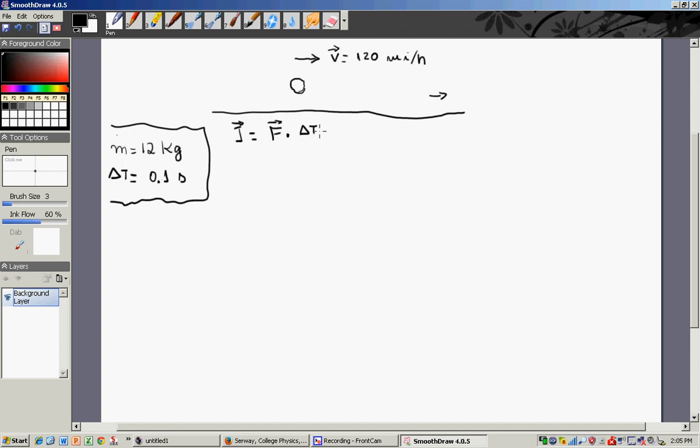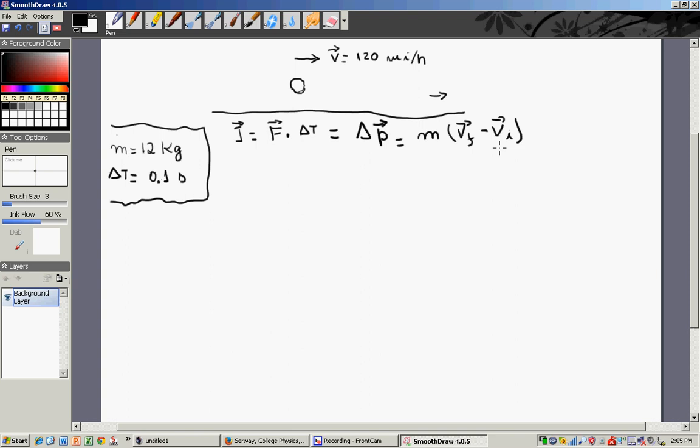But also, as this force is applied in an attempt to change the state of motion of the studied object, this is equal to the change in momentum. And change in momentum is the product of mass times the change in velocity.